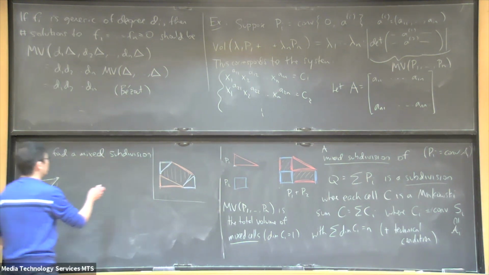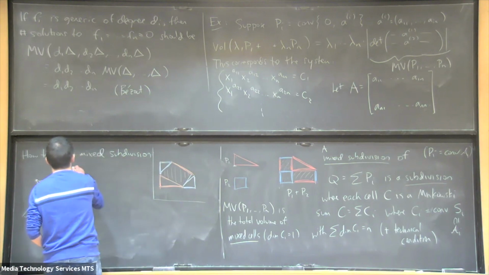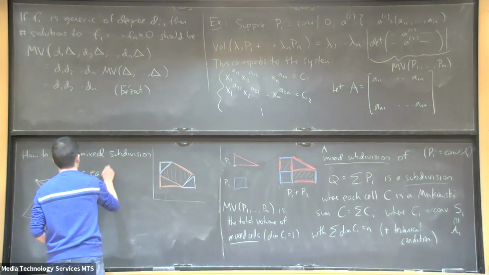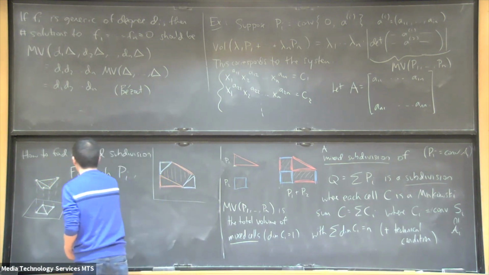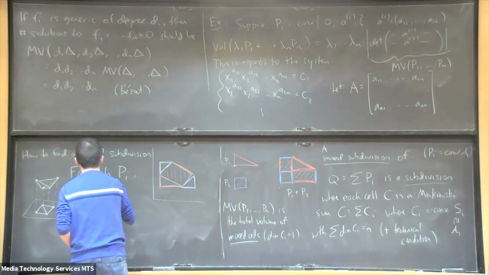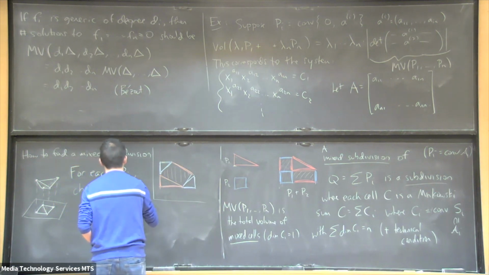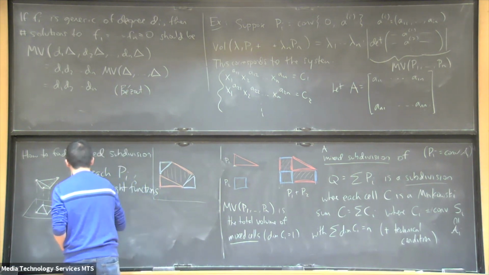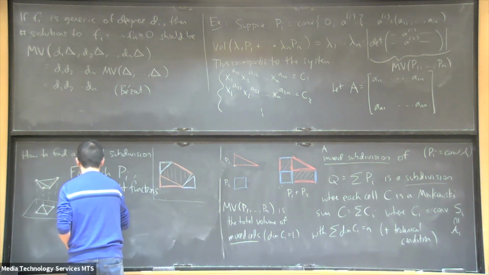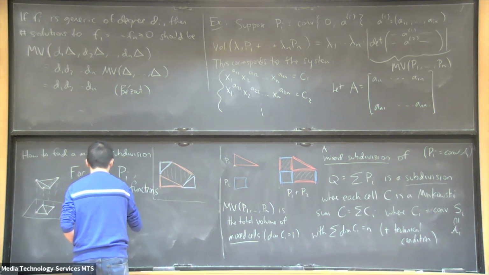So first, for each P_i, choose height functions. Let's call them w, from A_i to the real numbers.